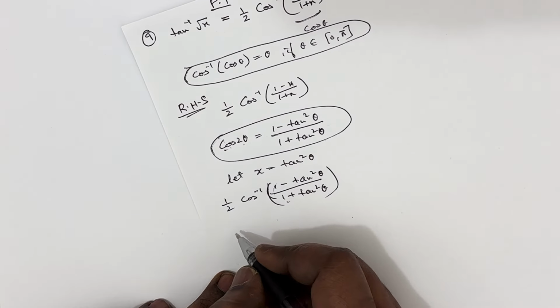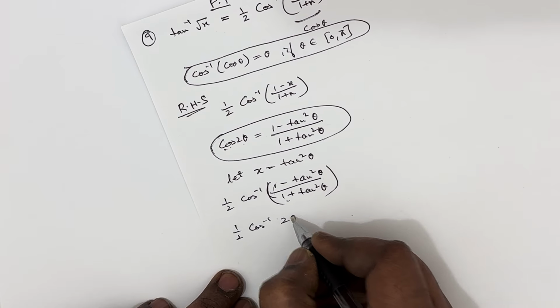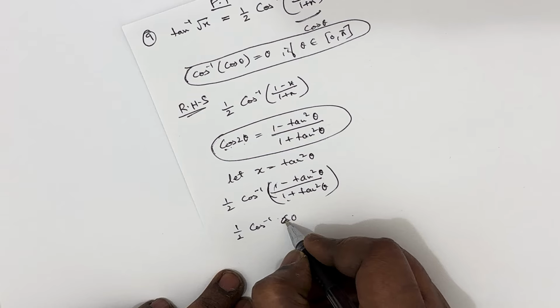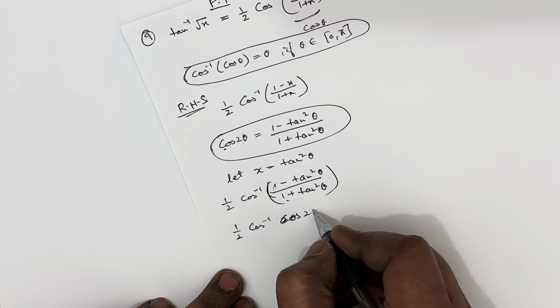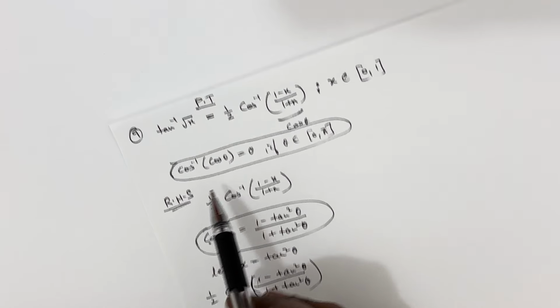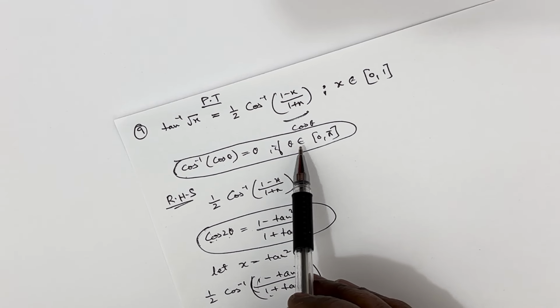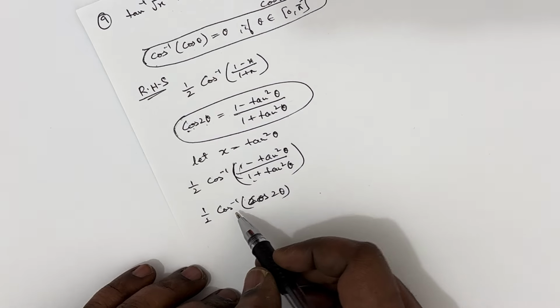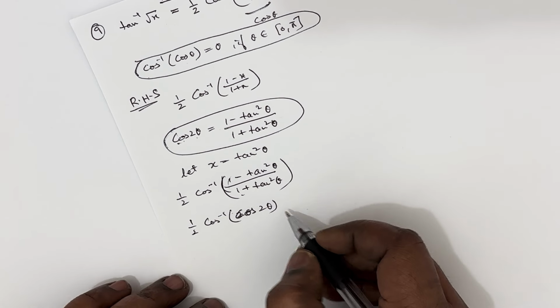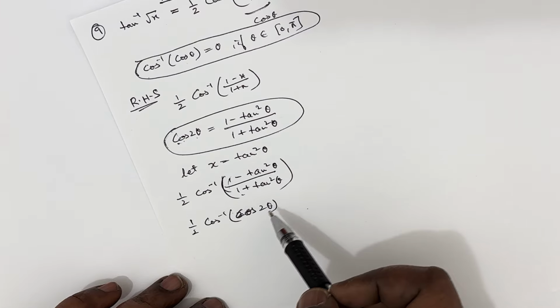So 1 by 2 cos inverse cos 2 theta. Now according to the property, cos inverse cos theta is equal to theta if it belongs to the range. So cos inverse cos 2 theta should be 2 theta only if it exists in the range.